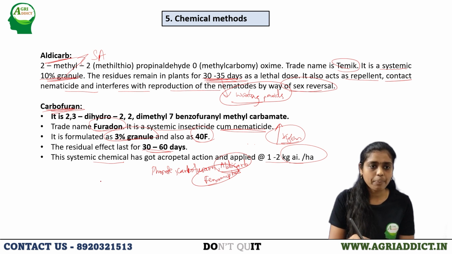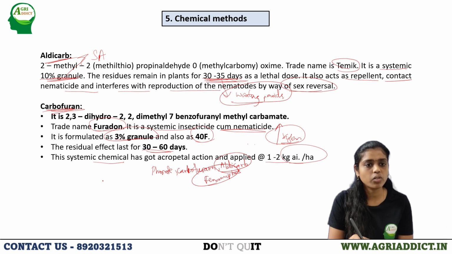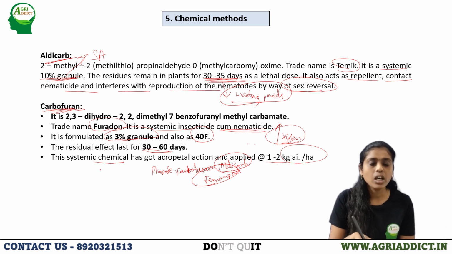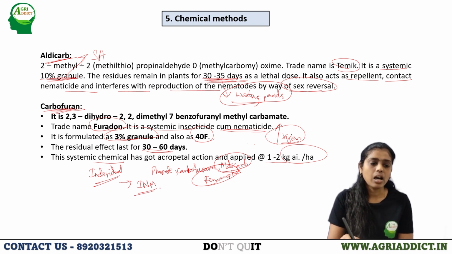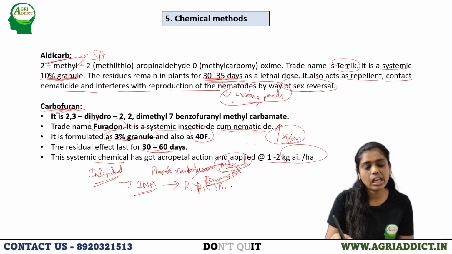To get effective or efficient management of the nematodes, instead of going for individual methods, we can go for integrated nematode management by combining all these methods: regulatory, physical, chemical, biological, and even cultural.